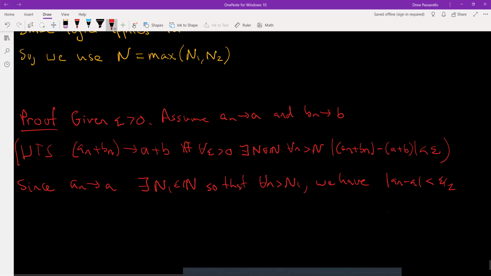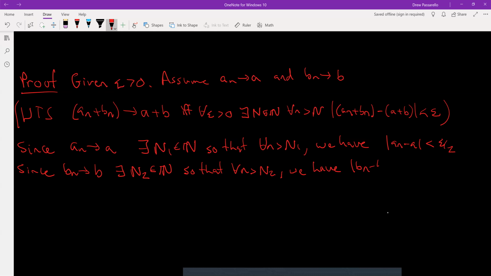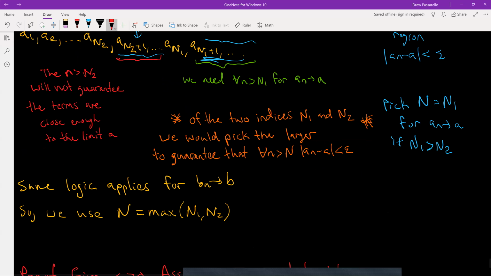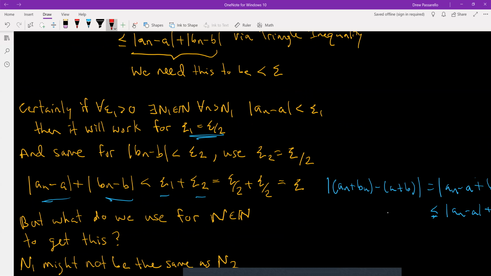Because we want that to be epsilon over 2, and the same thing for Bn minus B. Recall that we were using epsilon over 2 for the corresponding epsilon 1 and epsilon 2.